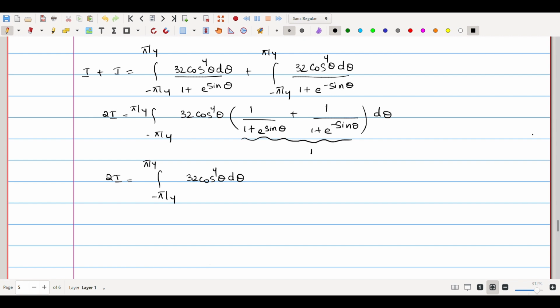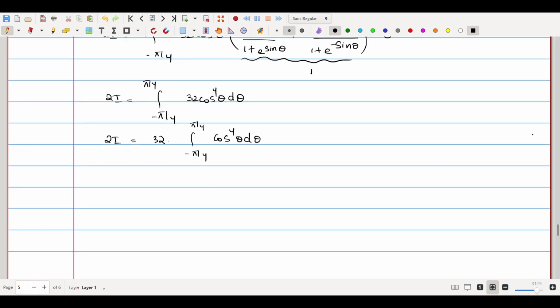So take 32 in front. 2I equals 32 times the integral from minus pi by 4 to pi by 4 of cos^4 theta d theta. This value we need to find. We already know that cos^4 theta we can write as cos^2 theta whole squared, and cos^2 theta we can write as 1 plus cos 2 theta by 2.